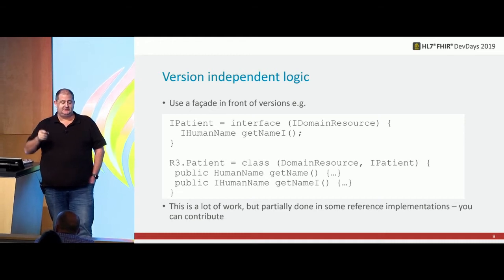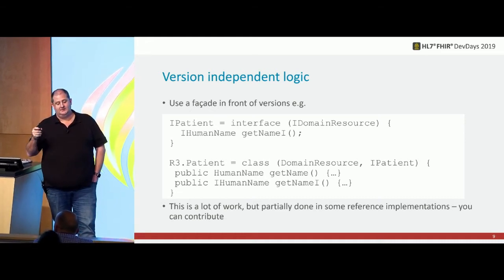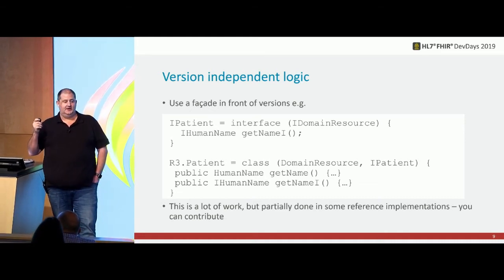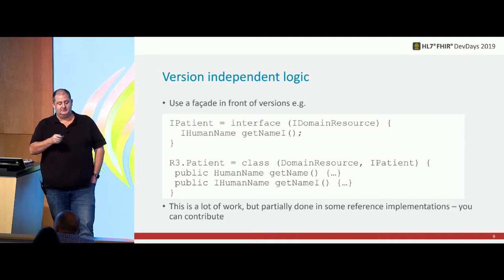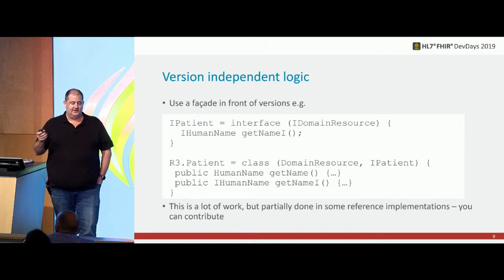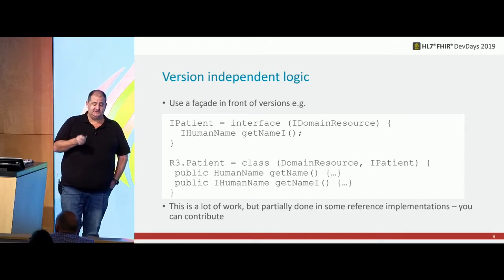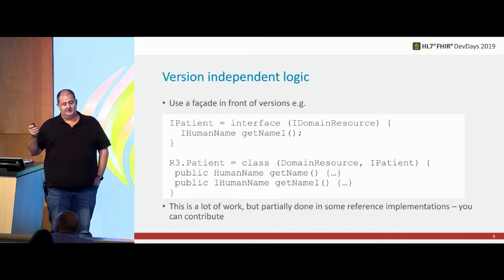So, for instance, a patient has a name, or a set of names. I just want to get the name, and I'll have a cross-version name that interfaces onto the underlying resource, and then I have an implementation that maps from the patient resource in release 3, in this case, to iPatient.